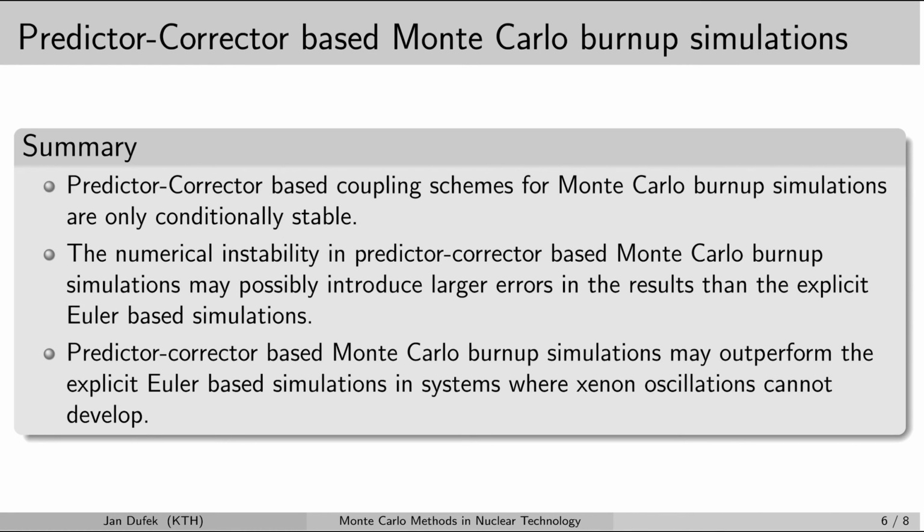So in these cases, the predictor-corrector coupling scheme may give better results than the burnup simulations which are based on the explicit Euler. And that's simply because the corrector neutron flux is a better representation than the initial neutron flux over each time step.